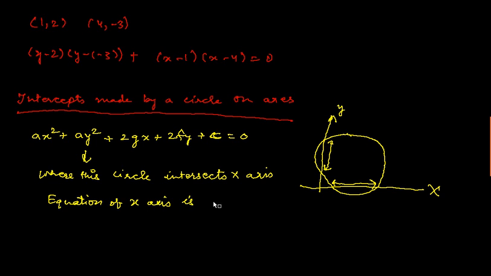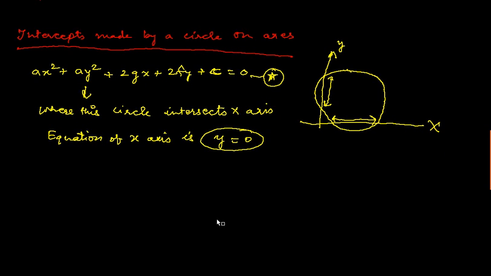What is the equation of x-axis? It is y is equal to 0. So I have to take the intersection of this circle star with this line y is equal to 0. So basically I'll put y is equal to 0 in star to obtain the points where the circle is intersecting x-axis. So I'll get ax square plus 2gx plus c is equal to 0.